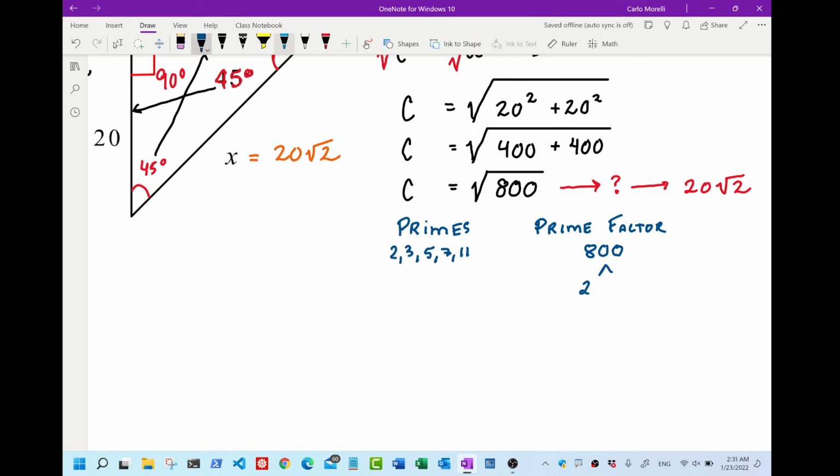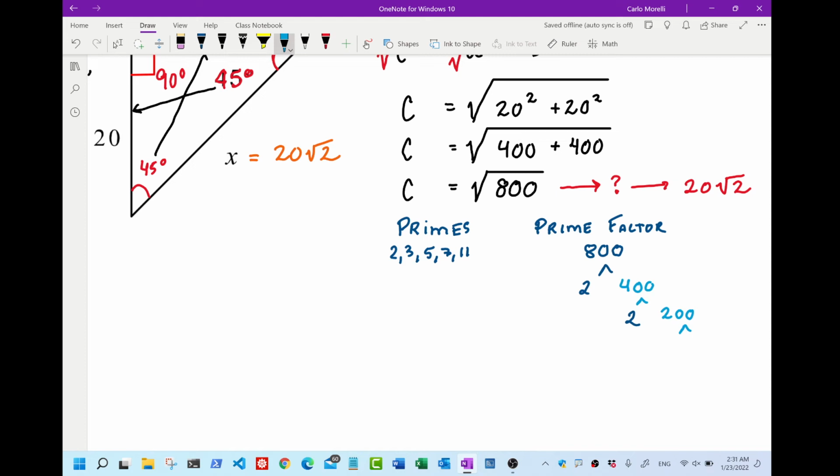And the other number that goes with the 2 is called a cofactor. The cofactor isn't as important for what we're doing here. The cofactor would be 400 for the prime factor of 2. And then we're going to break that down further. 400 is still even, so the prime factor again would be 2, the smallest prime factor, and then that cofactor would be 200.